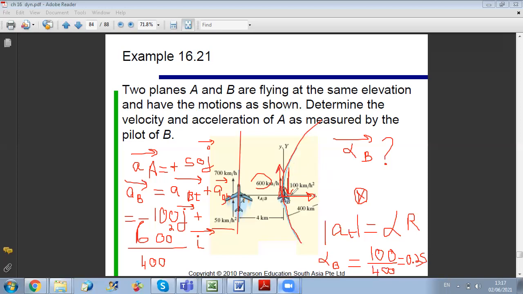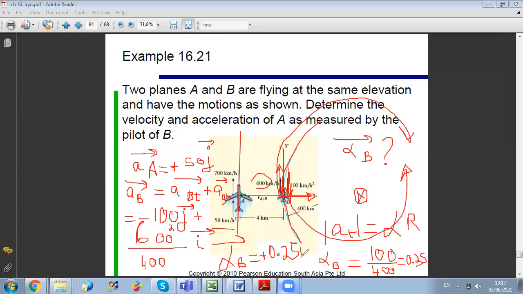This forces alpha and omega to be opposite. Since omega was clockwise, if you do the right-hand rule for alpha, it will be counterclockwise. So it will be along positive k. So we can say that vector alpha B now is equal to plus 0.25 k, not minus. Okay.